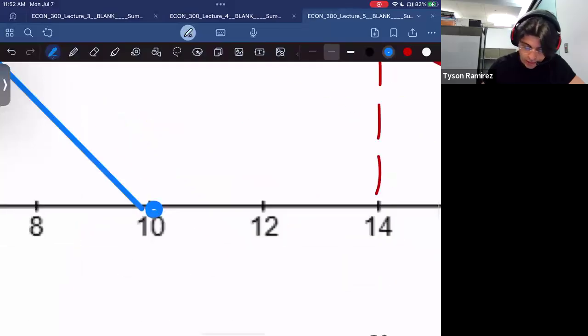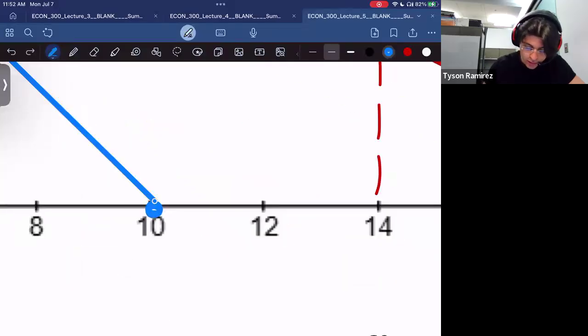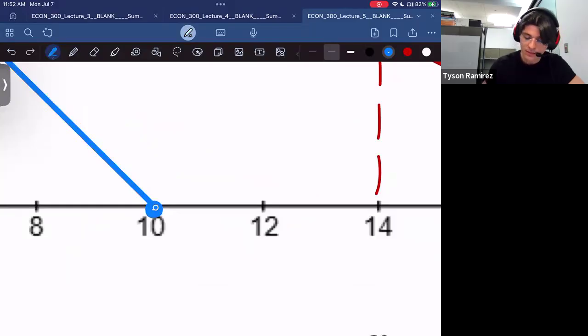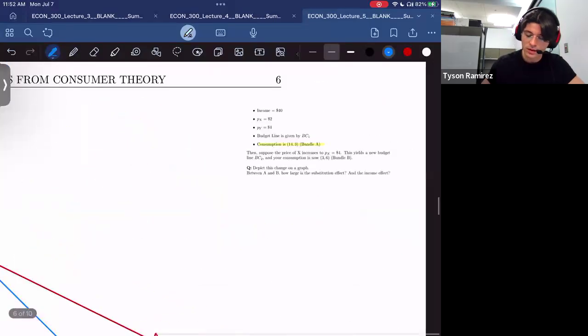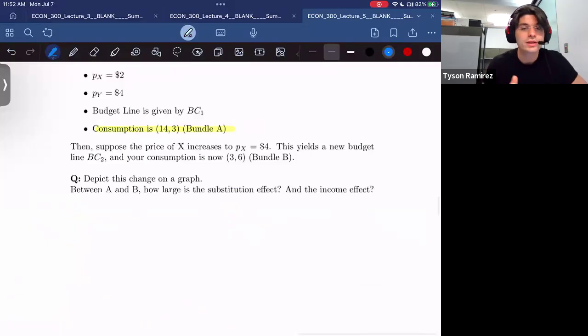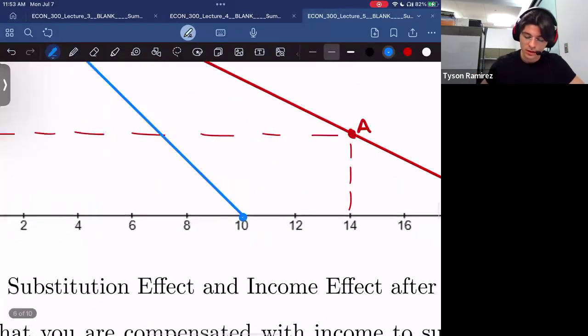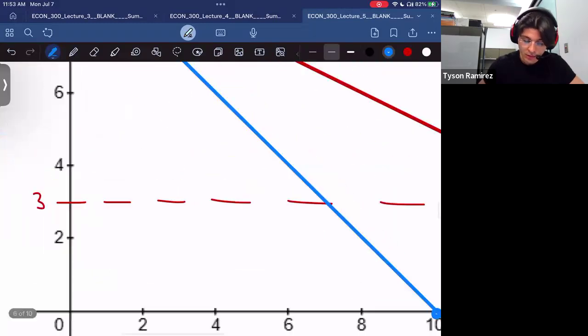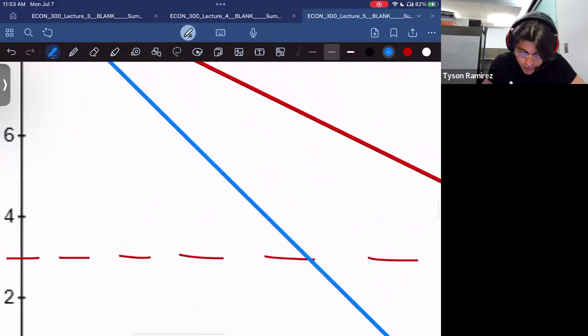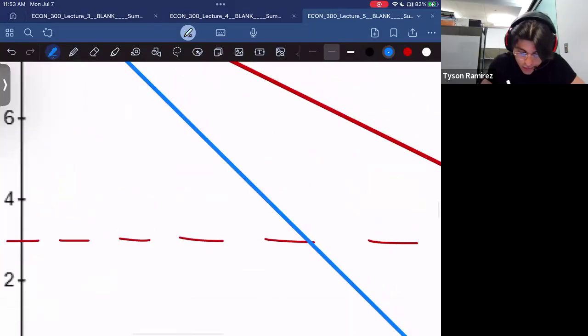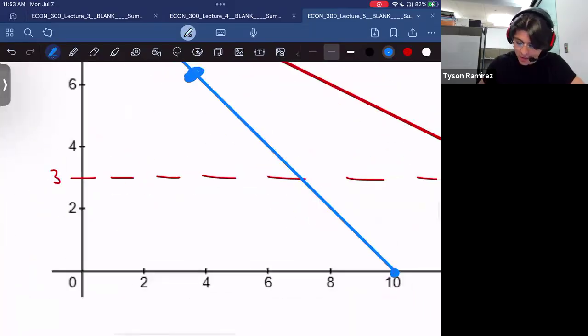Let's do that, and then right there. Then suppose we solved the consumer's problem and we found that the new optimal consumption is 3 comma 6. Just suppose this is correct.